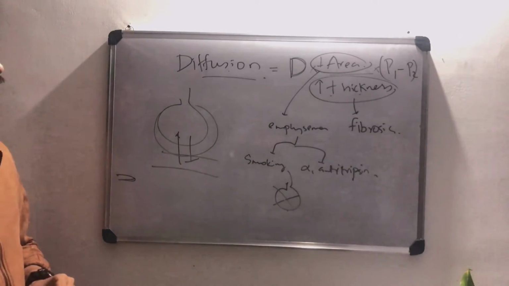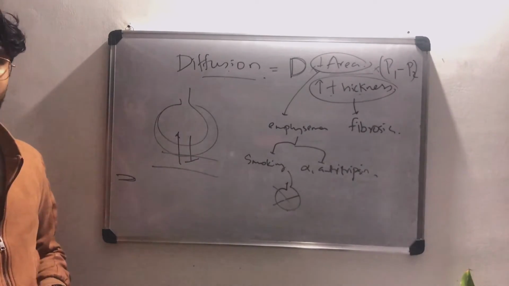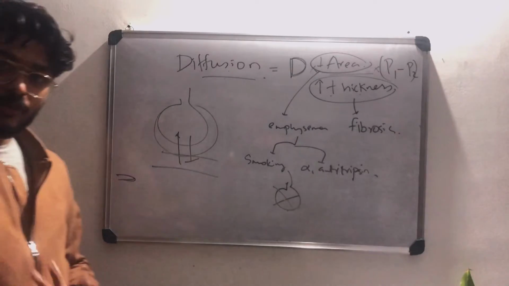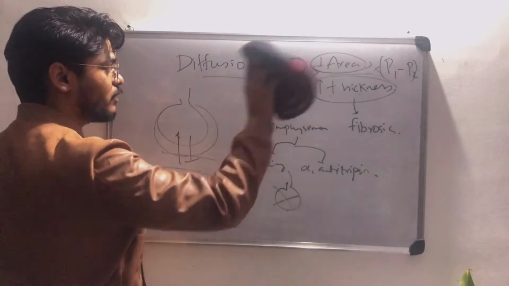And now we are talking about gas exchange of different gases: oxygen, N2O, carbon monoxide and carbon dioxide. Let's check into that. So we have learned about diffusion, right?